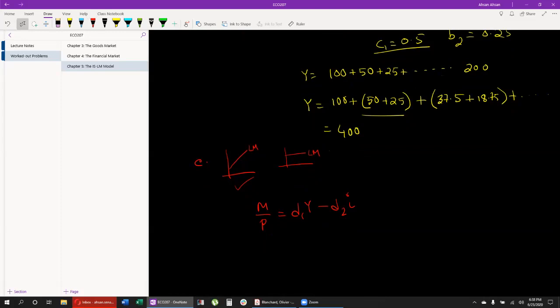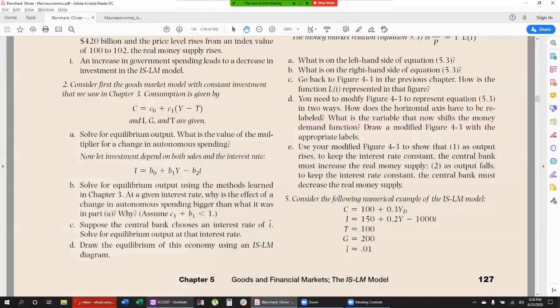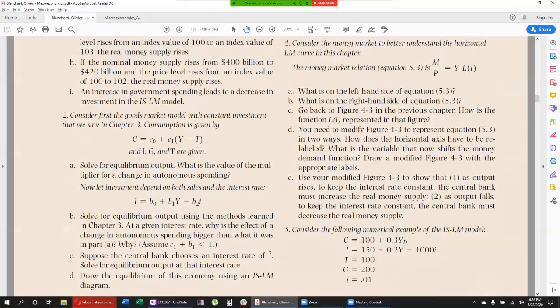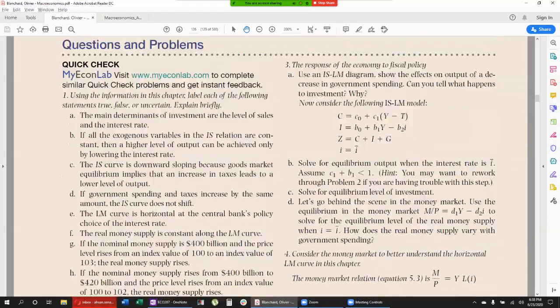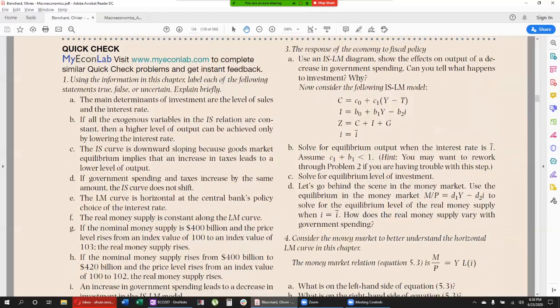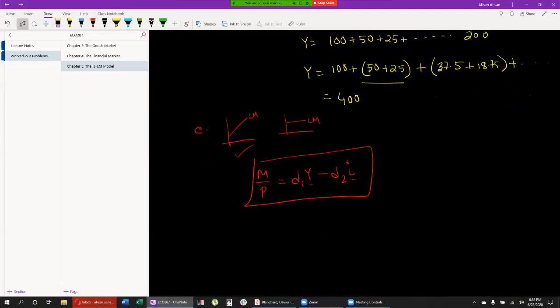It doesn't matter what they are, but we have an I here and y here, and this is basically the LM relationship. I think this equation is also given in question number 3. Yes, see in question number 3, right here, that relationship is given. This is the equilibrium in the money market.